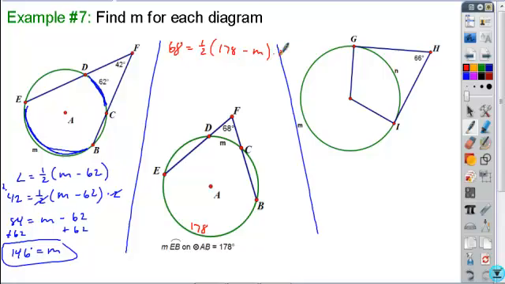If we double both sides to get rid of our fraction, we get 136 is equal to 178 minus M. Subtract 178 from both sides. We get negative 42 is equal to negative M. Change the sign, and we have our solution. M is 42. Again, it's a straightforward calculation as long as you know how the pieces are related.